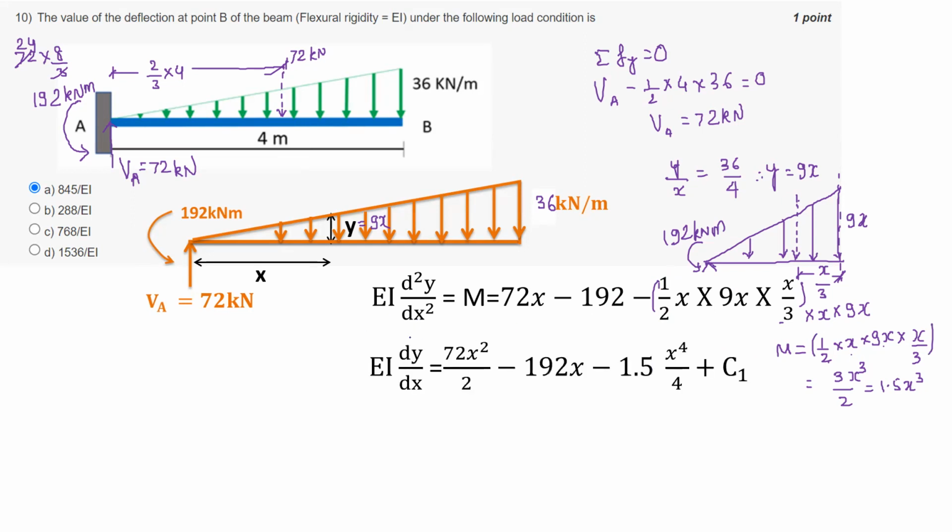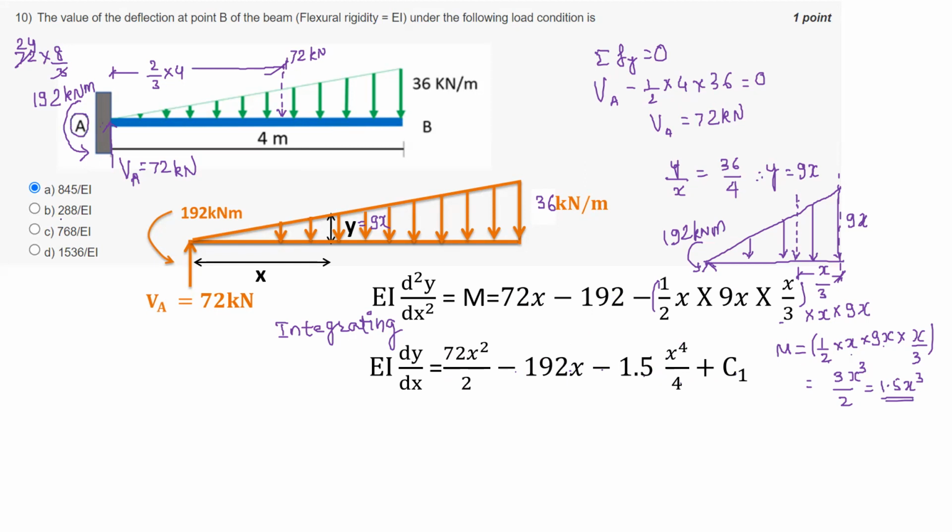Then we will integrate it. By integrating, we have EI dy by dx is 72x square by 2 minus 192x minus, as I already mentioned, 1.5x cube. So it becomes 1.5x to the 4 by 4 plus C1. Now we have the initial condition at x equal to 0.